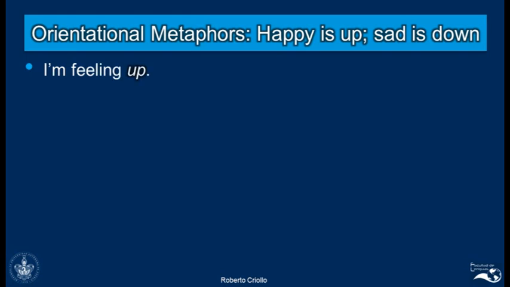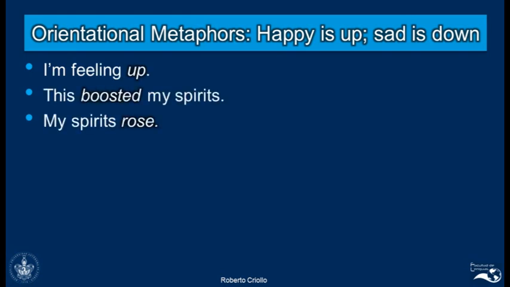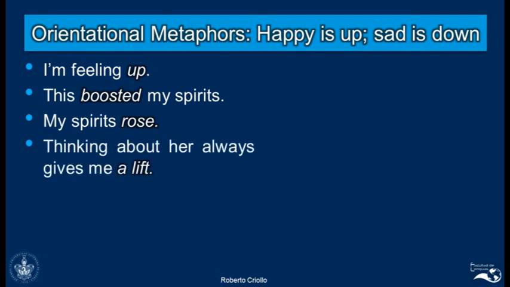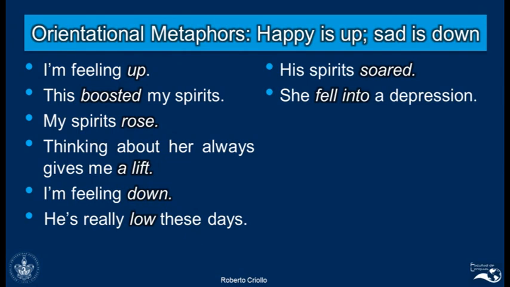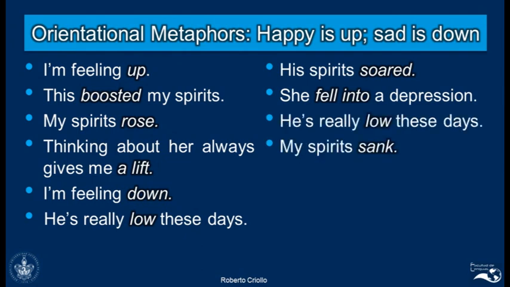For example, I'm feeling up. This boosted my spirits. My spirits rose. Thinking about her always gives me a lift. I'm feeling down. He's really low these days. His spirits soared. She fell into a depression.